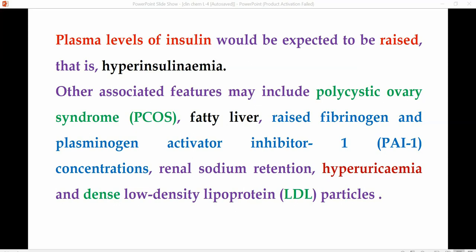These can be detected in cases, in addition to type 2 diabetes, as we said earlier, metabolic syndrome and polycystic ovarian syndrome, also cases of fatty liver, raised fibrinogen and plasminogen activator inhibitor 1, renal sodium retention, hyperuricemia, and formation of dense LDL particles, which enhance atherosclerosis development in these conditions.